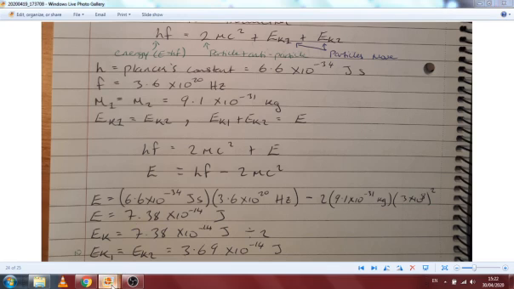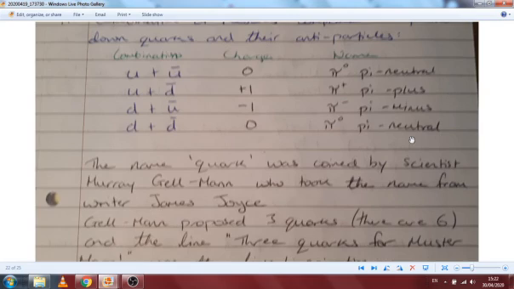For the final part they ask about mesons. It says a member of the meson family consists of two particles, each composed of up and down quarks and their antiparticles. We're asked to construct the possible combinations of mesons composed of up and down quarks and their antiparticles.